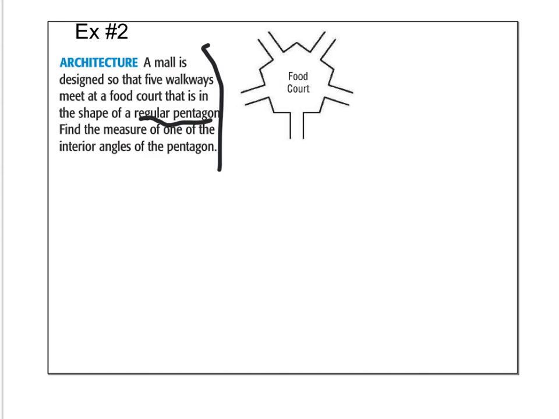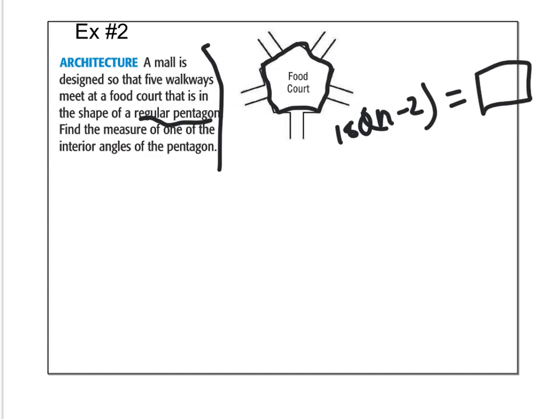If you take a look at this pentagon and figure out the total degrees, that means n minus 2 times 180. That'll give you the total. Then to find each one, because they're all the same, because of our word regular, you just take this answer and divide by 5. So feel free to give that a try. That's how you deal with regular polygons.